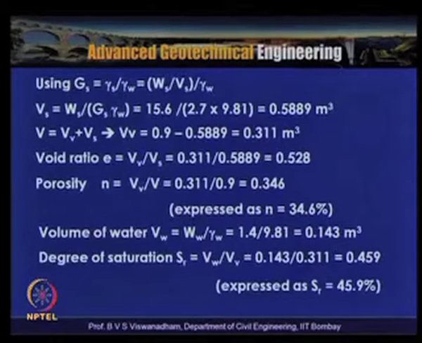And the volume of water is the weight of water divided by gamma w, and gamma w is taken as 9.81 kilonewton per meter cube. So, the volume of water is 0.143 meter cube. The degree of saturation is the volume of water to the volume of voids. So, for the given problem, the degree of saturation is obtained as about 45.9%.